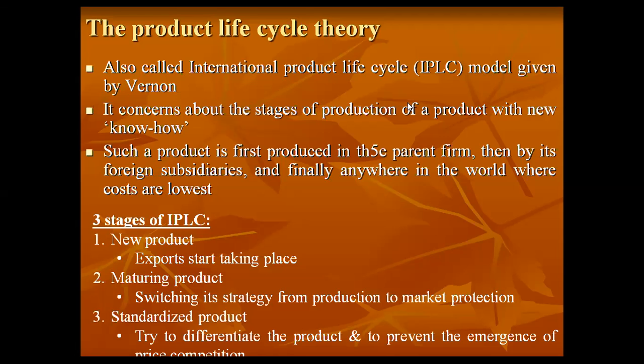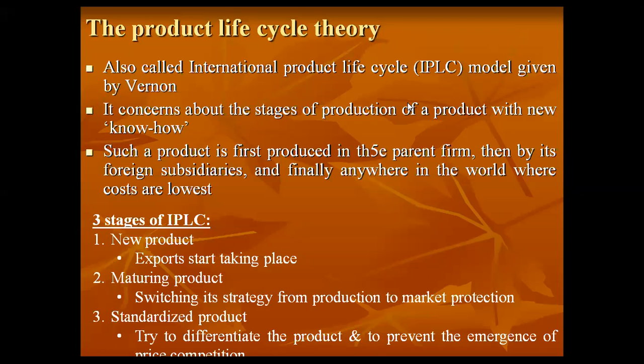In the growth stage, this results in attracting competitors, increased exports, further innovation, and a shift of manufacturing to foreign countries and other locations. The maturity stage results in standardized products, large scale production and economies, low unit cost of production, and a shift of manufacturing to developing countries.